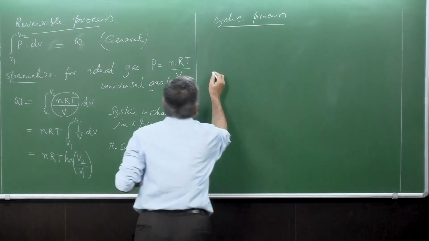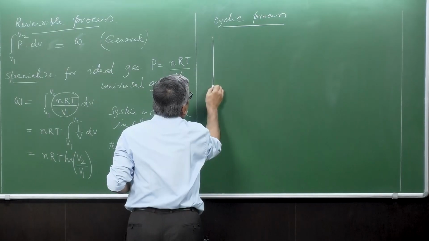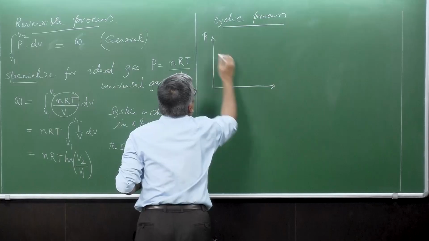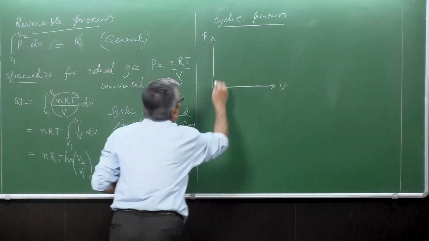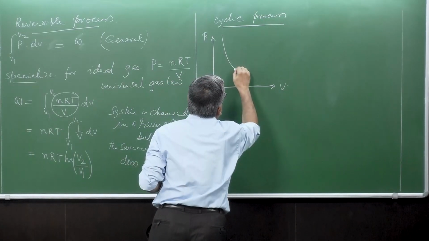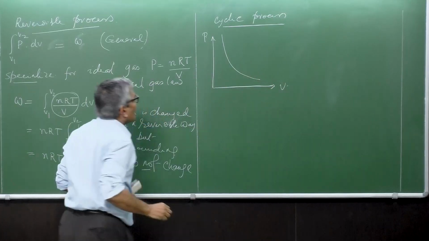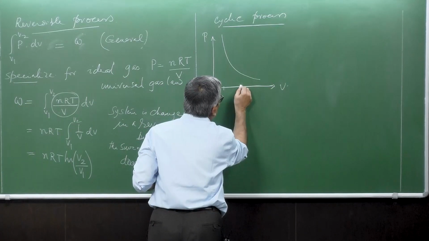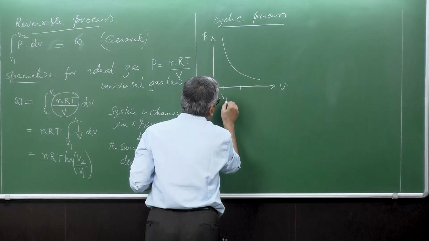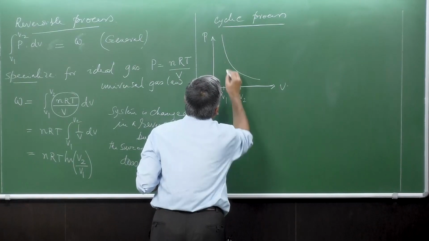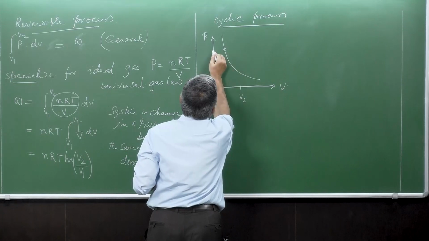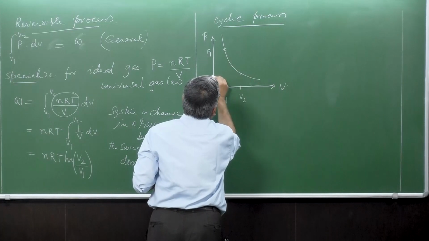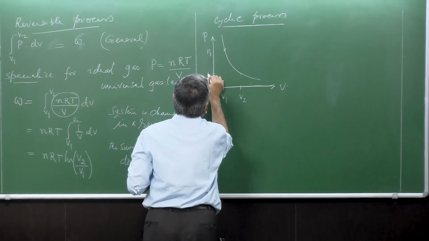Suppose I consider a gas, again we start with the PV diagram, and then again I make an expansion from the volume V1 to V2. This is my pressure P1, this is my equilibrium pressure P2.